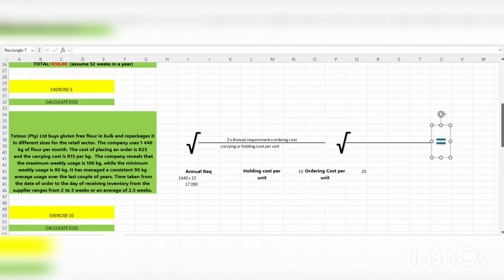So now we just substitute that into our formula and we should get our answer. 2 times 17,280 times 25 divided by 15, and that gives us 240.